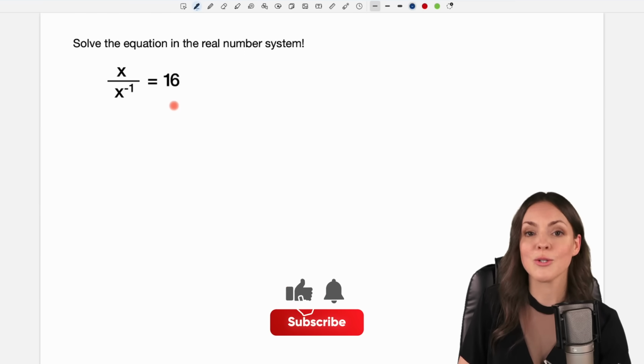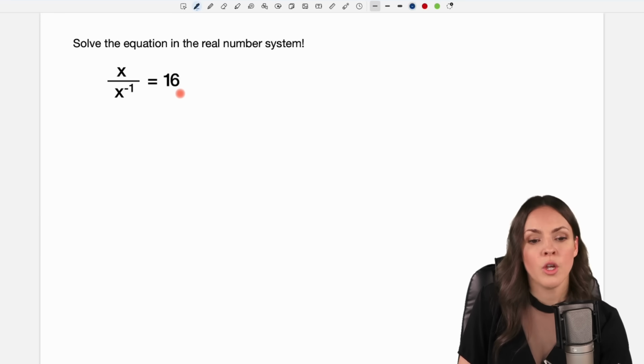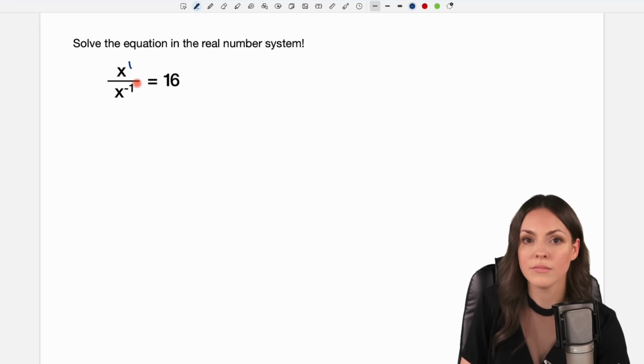But this was only the first way. I'm curious which way you used to solve this equation, so please let me know in the comments, because another way would be to take a look at the left side and to use powers. I mean, we have x to the power of -1, and here we have x to the power of 1. And there are rules how to divide powers.